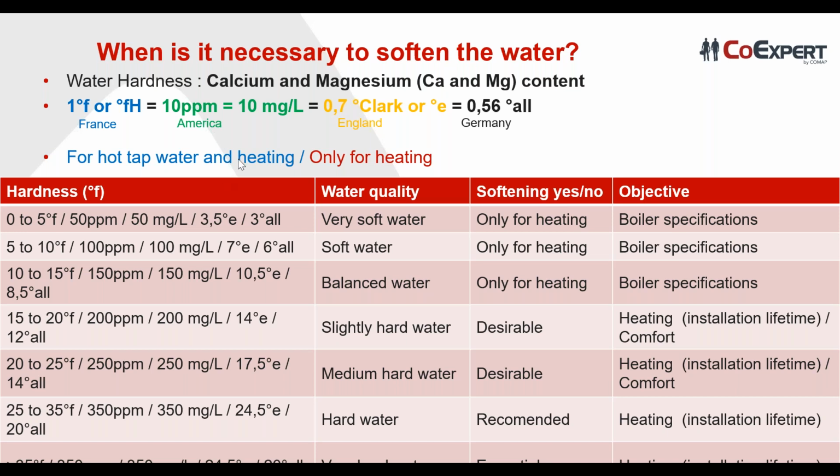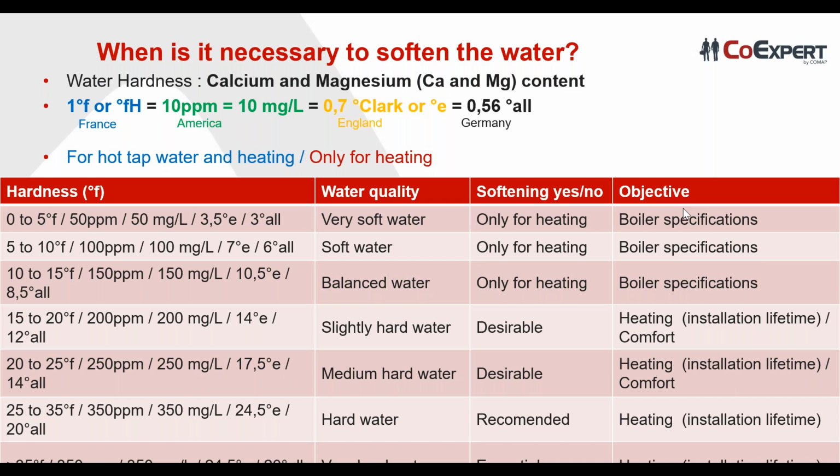For the objectives, two objectives, we saw that with the network in the boiler room. The soft water can be used only for the heating network, and the soft water can also be used for the heating network and for the hot tap water production. So it's different. On the table below, you can see the hardness of the water in the several units, the water quality, if the water is soft or hard, if it's necessary to soften the water, yes or no, and the purpose of the softening process.